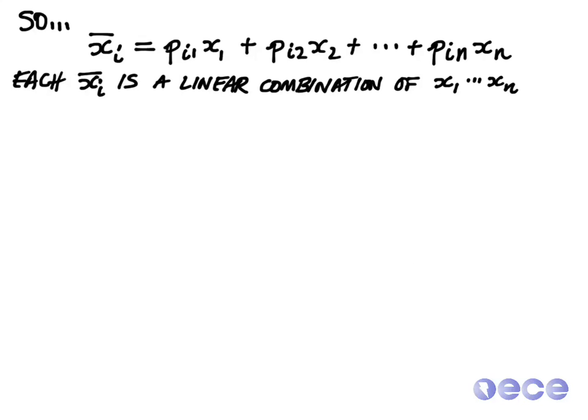So those are the n values of x, and each of these p values is one element of a row of the matrix used to calculate xi bar. So each xi bar is a linear combination of the terms x1 to xn. Each single element of the new state is a linear combination of all the elements of the old state.